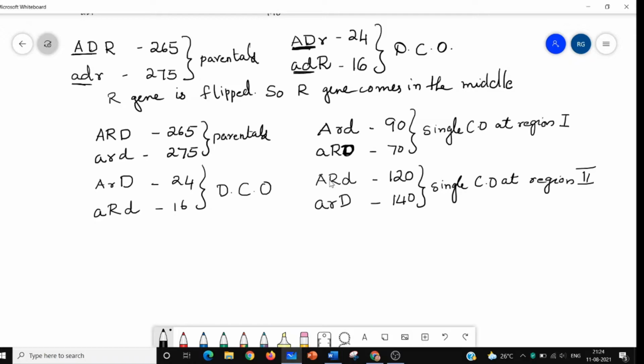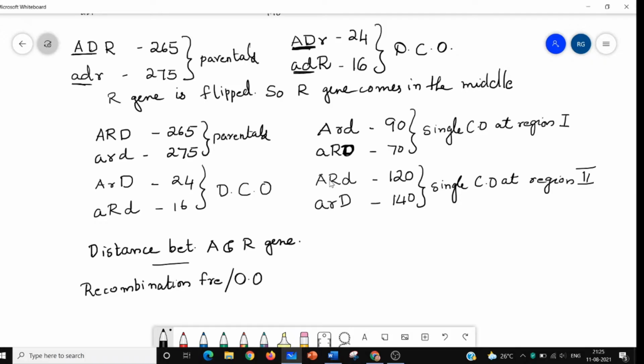Now we are going to find out the distance between A and R gene and the distance between R and D gene, and construct a chromosome map. To find the distance between A and R gene, we have to find out the recombination frequency between these genes, or we can call it the crossover value.